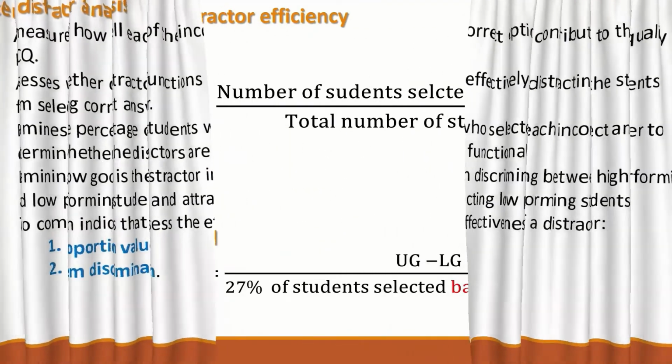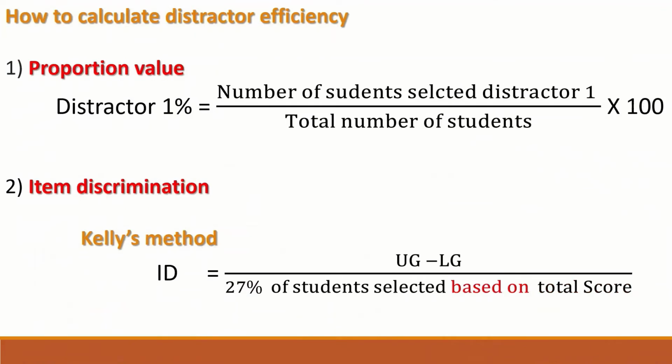So how do we calculate the distractor efficiency? Using 2 possible tests. The first one is the proportion value, in which the distractor percentage is calculated by counting the number of students who selected distractor 1 divided by the total number of students, multiplied by 100.